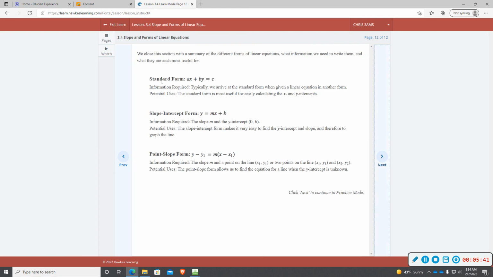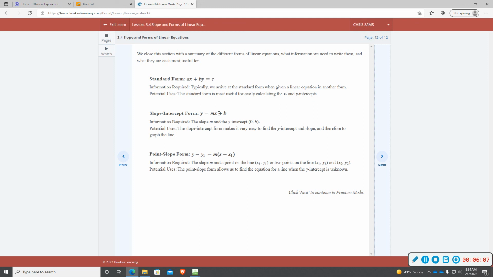Okay, standard form we used in the previous section when we wanted to find the y-intercept and the x-intercept. This is called standard form, ax plus by equals c. We used to always write it with capital A, B, and C, letting you know that A, B, and C are going to be integers, but it looks like they've simplified the definition a little bit just to give you the basics.